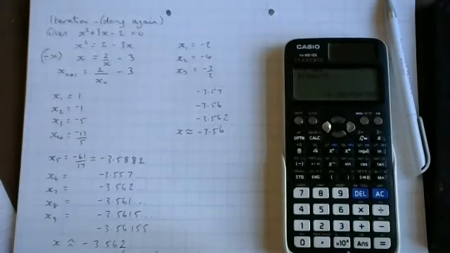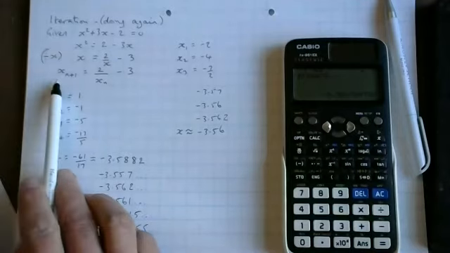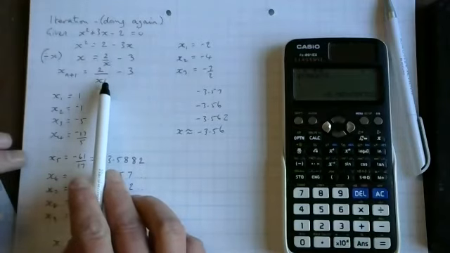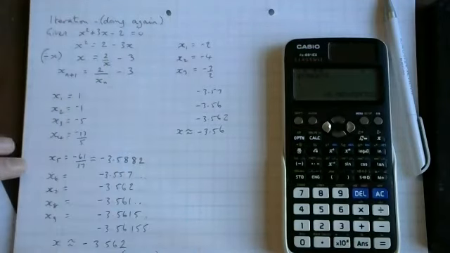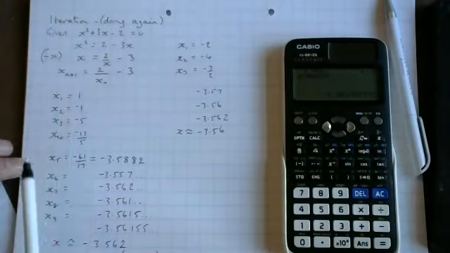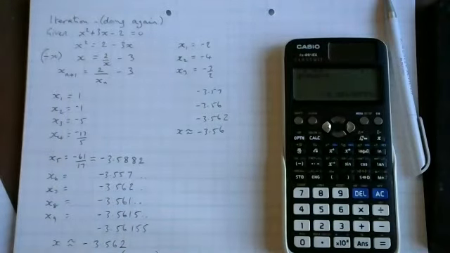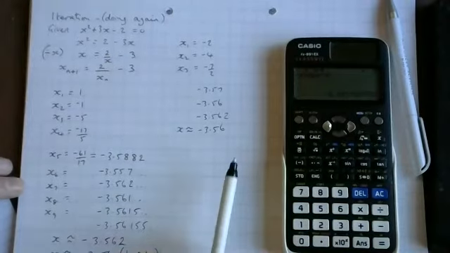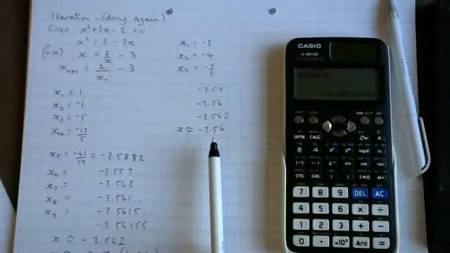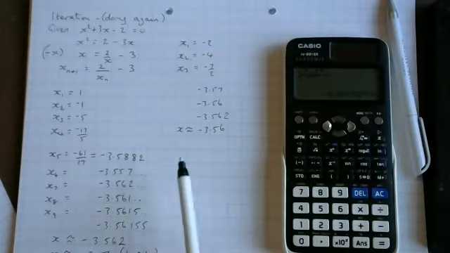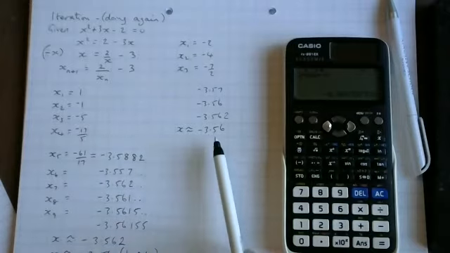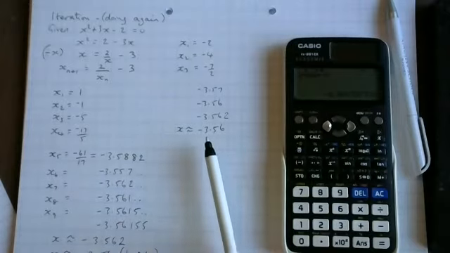Now I know there are actually two solutions here, but with our method, using this iterative formula, using two different start points, 1 and -2, we have in both cases tended towards the negative solution, -3.56. In this case, though, we have at least converged to a solution. On occasion, we will diverge away from a solution.